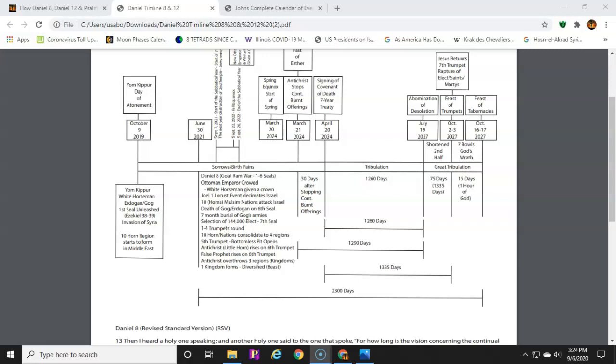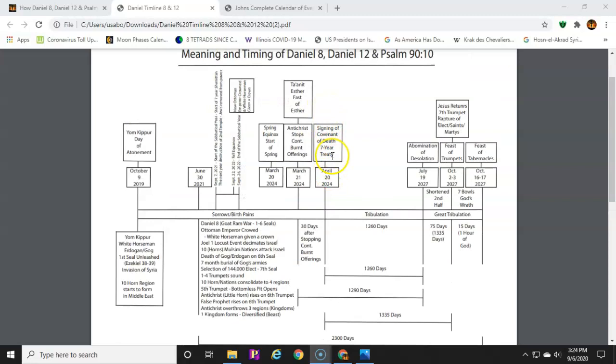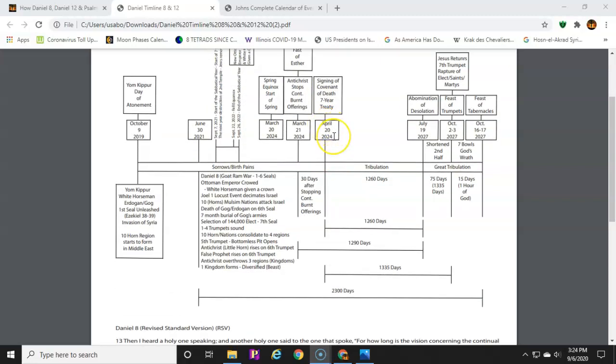That 30 days after that, we're going to see a signing of a 7-year covenant of death. And I say that happens around April 20th of 2024, because if you work the 1260 days forward to abomination, take the second half, which is shortened from the 1335 days, because he shortens the second half by 75 days.